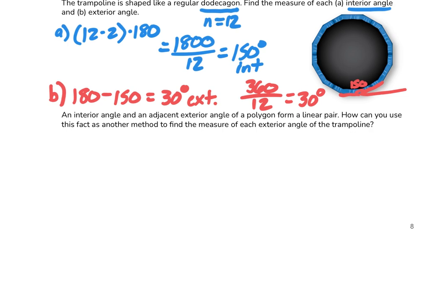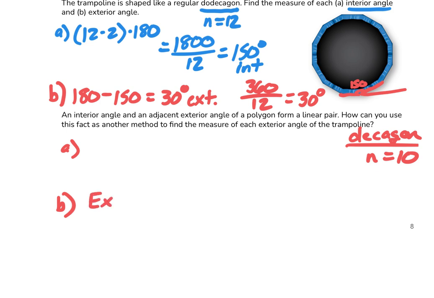Let's say instead of the trampoline being a dodecagon, let's say that it is a decagon. So let's say it has 10 sides instead of 12 sides. If I wanted to do the exterior first, I could do 360 divided by 10, which is 36 degrees.